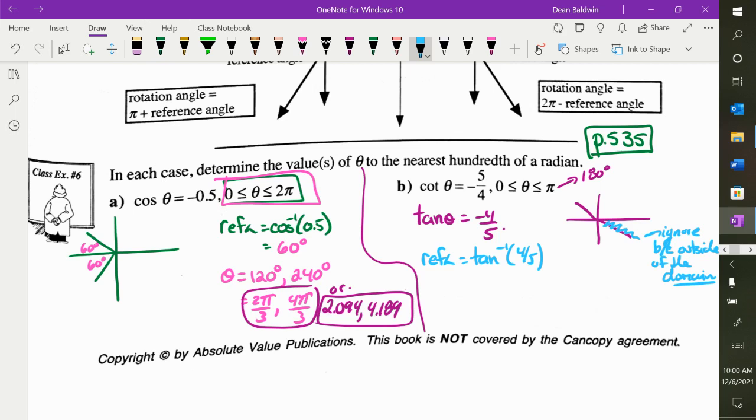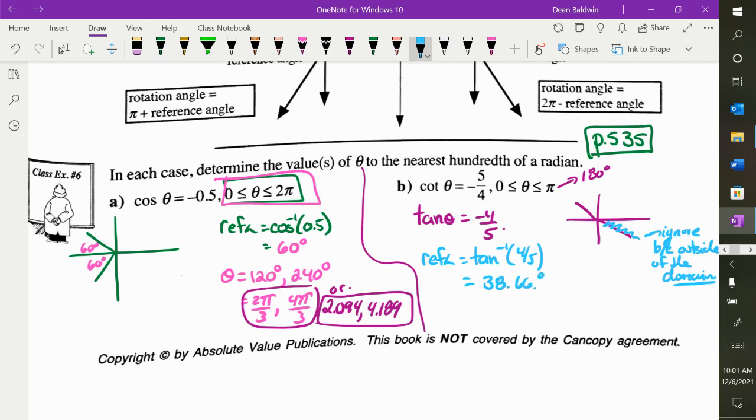What's my reference angle? 38.7. Let me check. 38.6. They say to the nearest hundredth, so let's actually follow it. So that's going to round to 38.66.